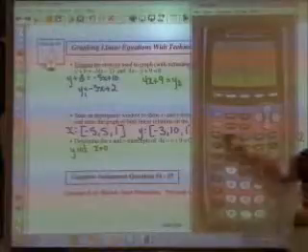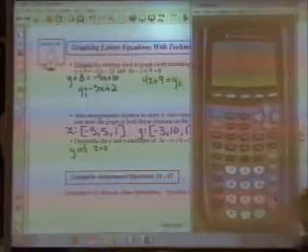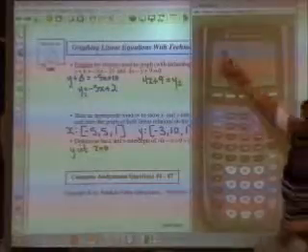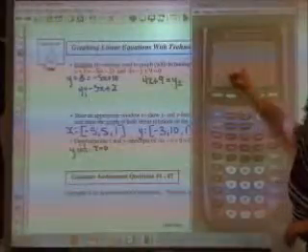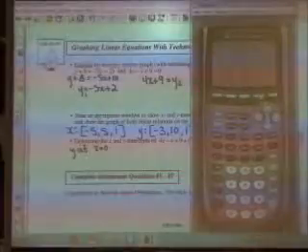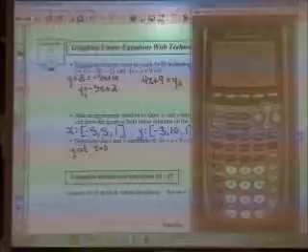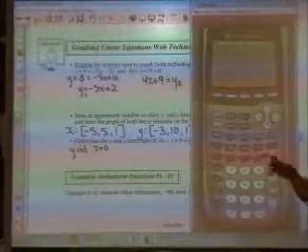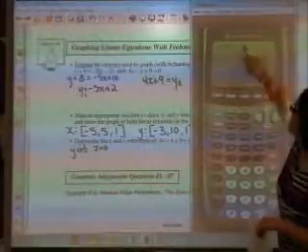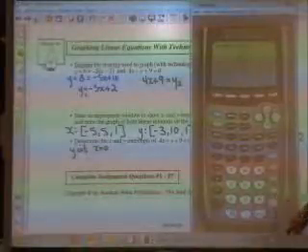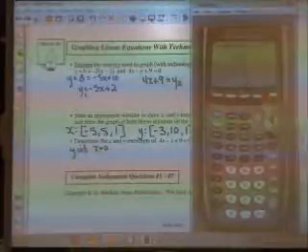Trace 0. Now when you've got two equations on here and you press the trace button, the equation that the cursor's on shows up in the corner. So if I wanted to go to the other equation, I could press the down arrow. Now I'm on my 4x plus 9, and if I press 0 and enter, then it gives me my y-intercept of 9.